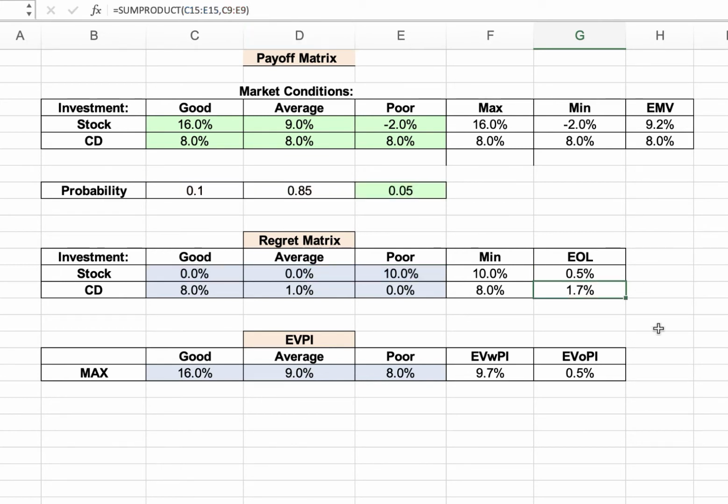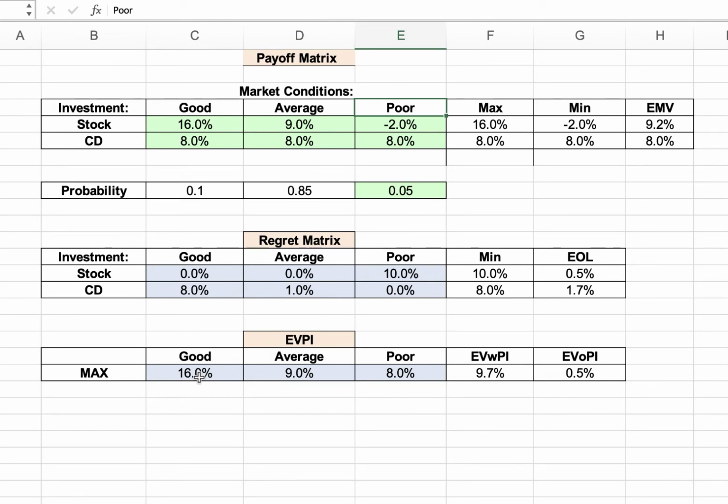Now, another question we can consider here is the EVPI, or the expected value of perfect information. The EVPI is the maximum quantitative benefit, or we could say financial benefit, of always being in the right investment to maximize the return. Or in other words, if we were perfect.